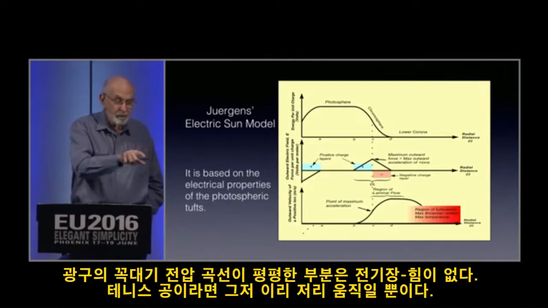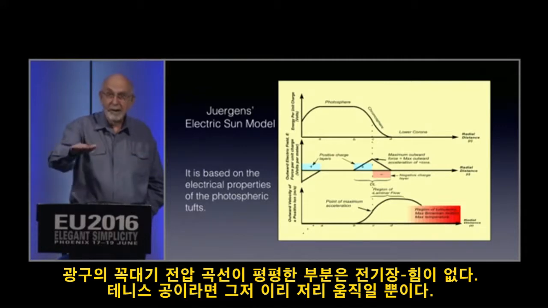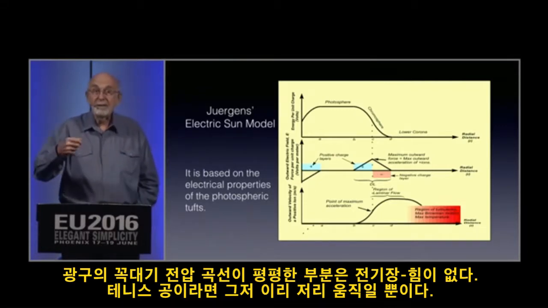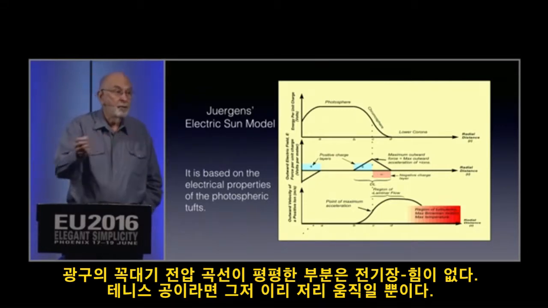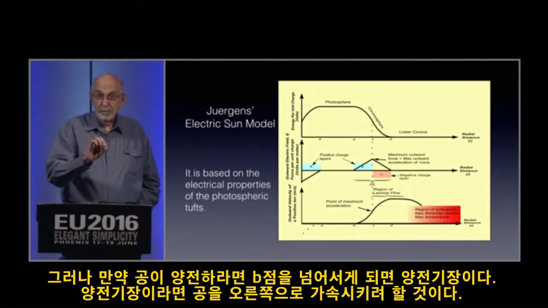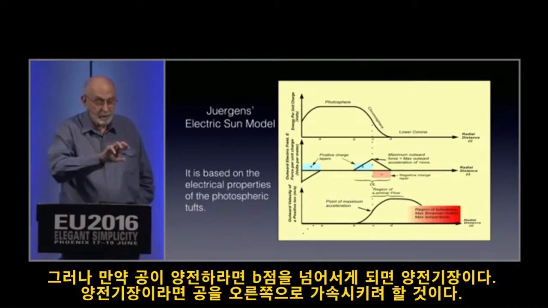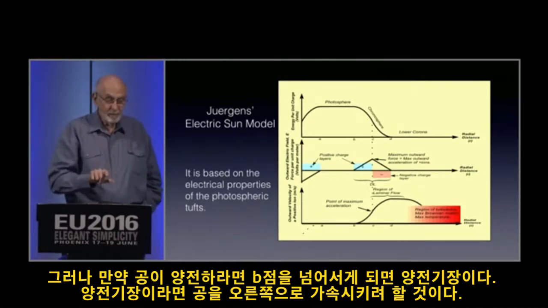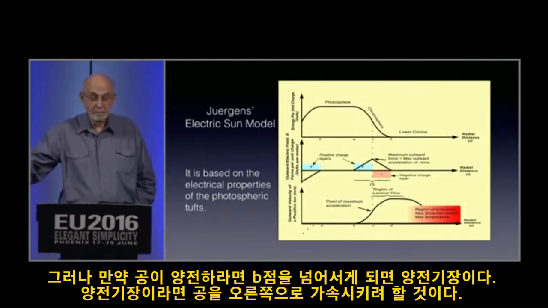At the top of the photosphere, where the voltage curve is flat, there is no electric field. There is no force on the tennis ball pushing him one way or the other. But if the tennis ball, i.e. the positive charge, gets over beyond point B, there's a positive electric field, and that will tend to accelerate it toward the right.